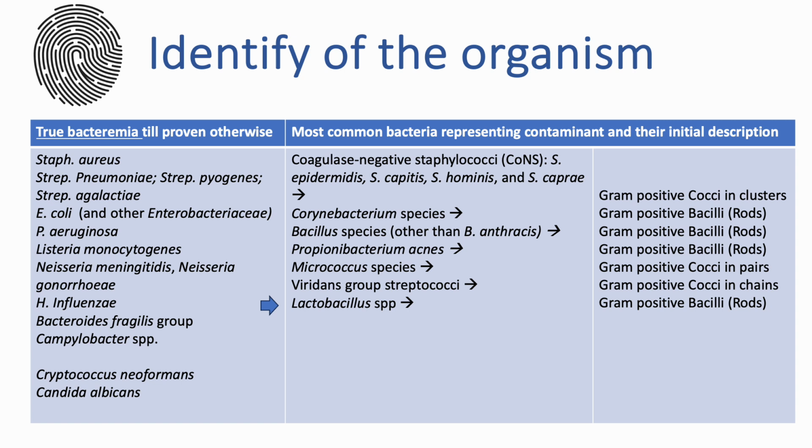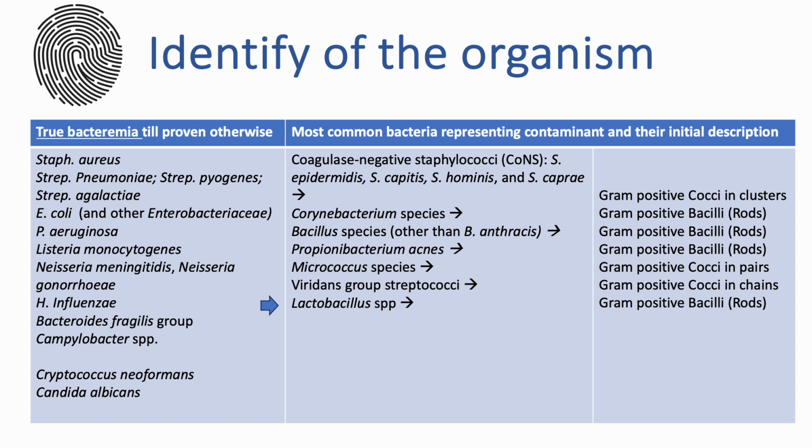These bacteria are usually not reported by name initially. They might be reported as gram-positive cocci in clusters, which should make you think of coagulase negative staph. Gram-positive bacilli, or gram-positive rods, can be associated with Corynebacterium, Bacillus, Propionibacterium acnes, or Lactobacillus.